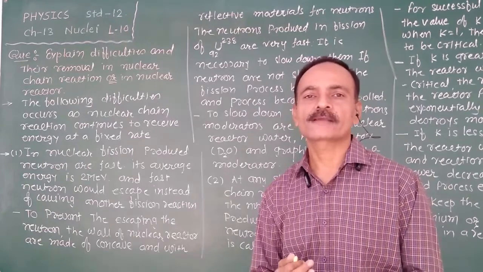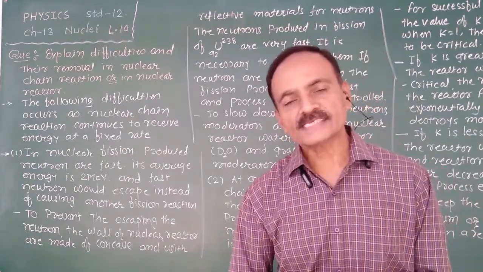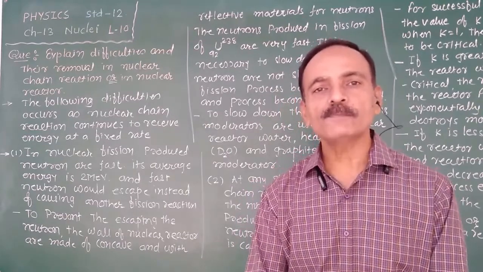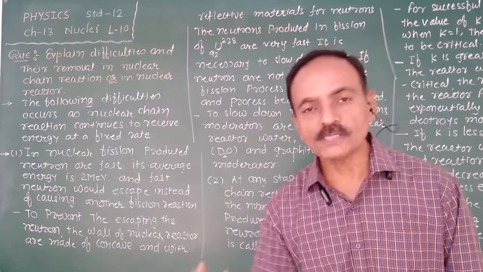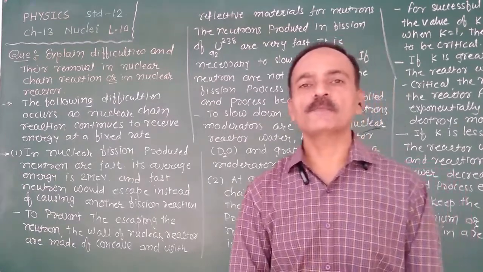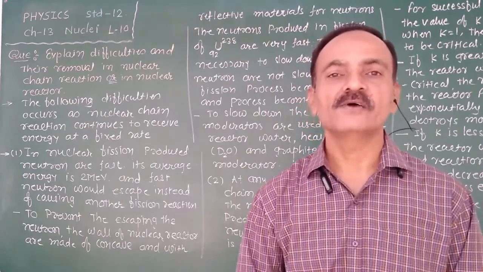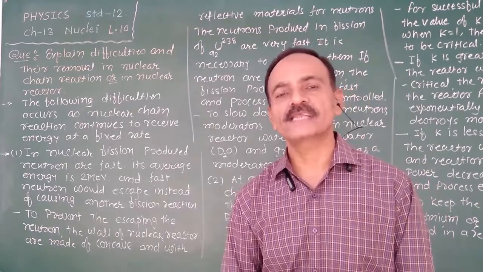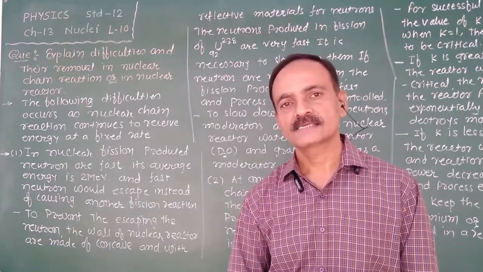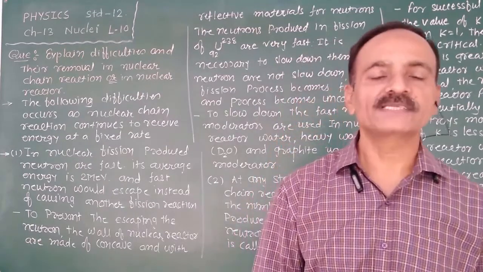Clear? Now the second difficulty is that it is not necessary to allow all the produced neutrons to perform fission. If all the produced neutrons perform the fission process, it becomes very fast, we cannot control it, and as a result destruction takes place. And the third difficulty is temperature.